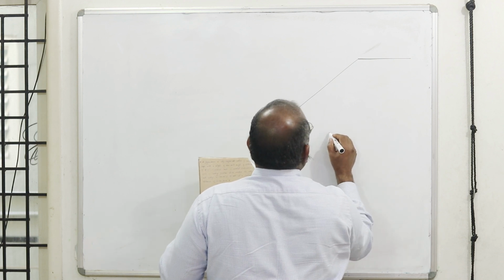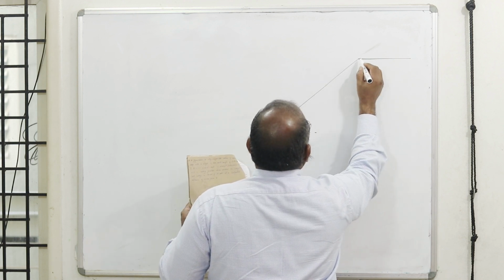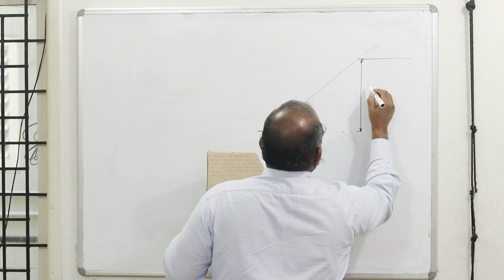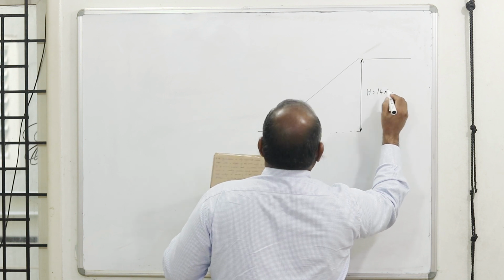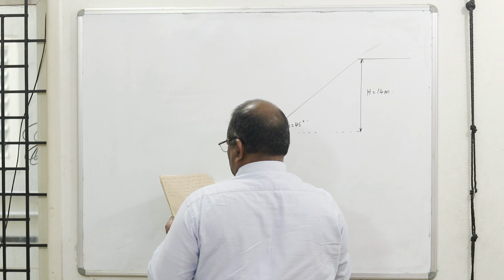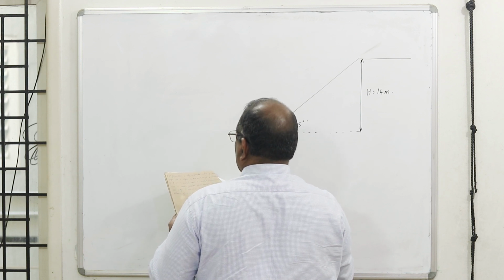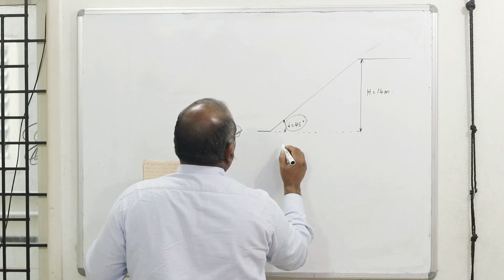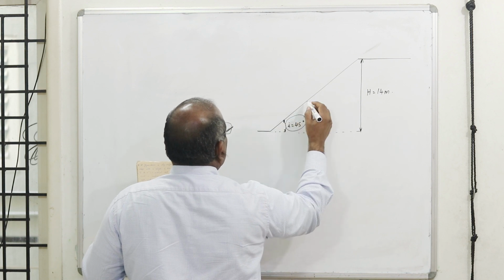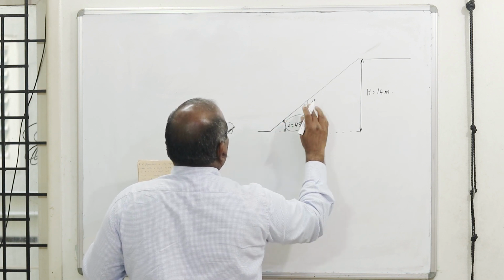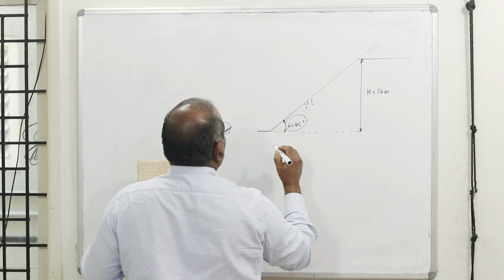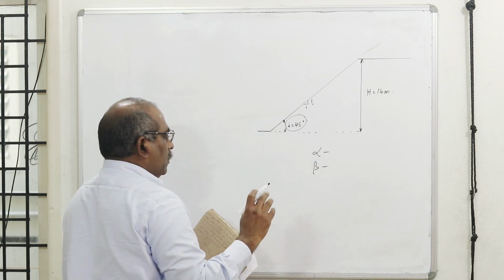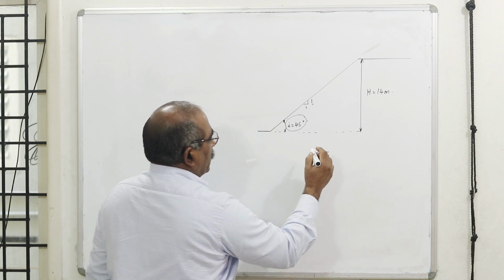Now this height is h equal to 14 meters. Given a radius, for this slope, this is 1:1. Now I can use these Fellenius angles alpha and beta. If you refer to standard textbooks, they will have the Fellenius angles.